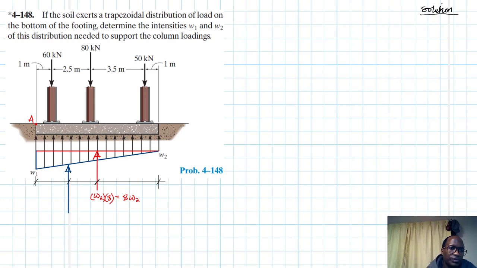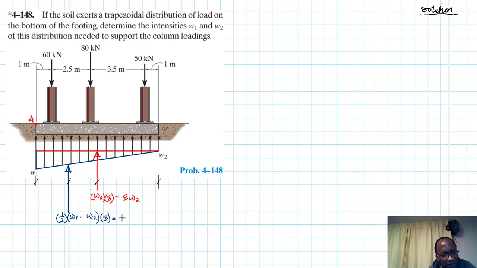For the triangular one, we subtract W2 from W1 since we are interested in this height. So this is equal to half times the difference of W1 and W2 times the length, which is 8.